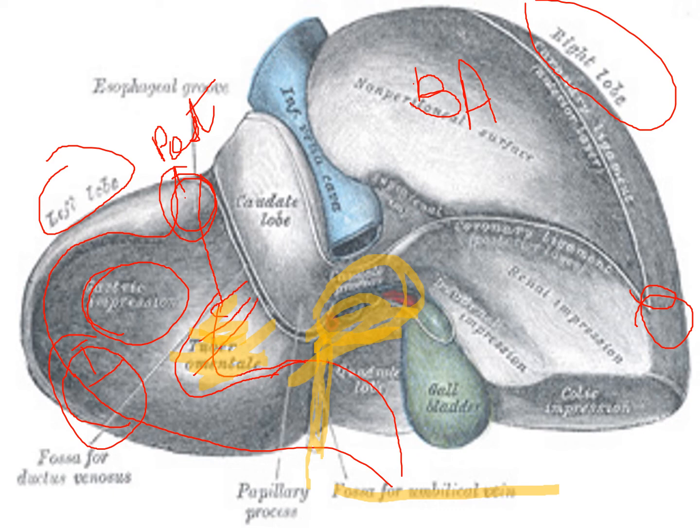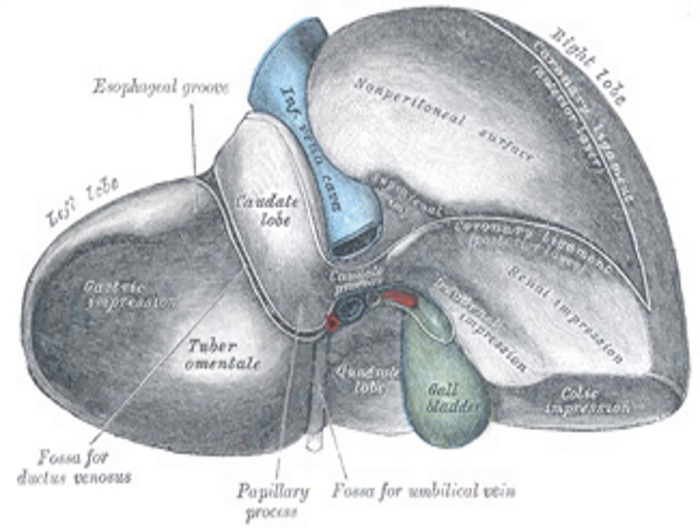Quite expected. The next most important point is the quadrate lobe. It is there in the inferior surface of the liver. So we are going to discuss the quadrate lobe, right?